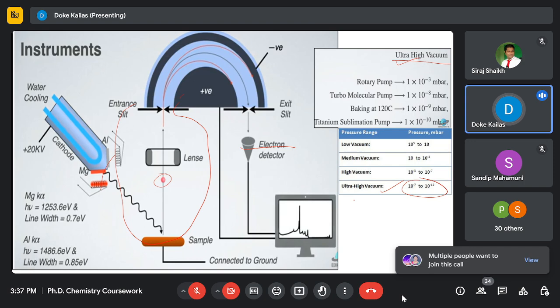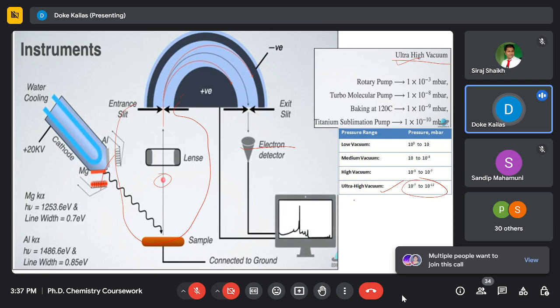High vacuum, medium vacuum, and low vacuum are defined depending upon pressure. So as far as possible, the system is completely evacuated and it should be ultra high vacuum to measure the photoelectron kinetic energy correctly.